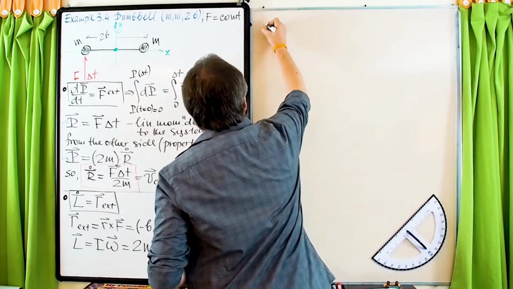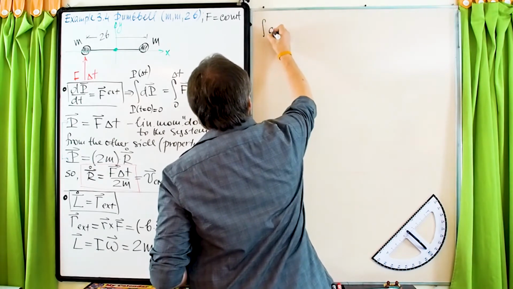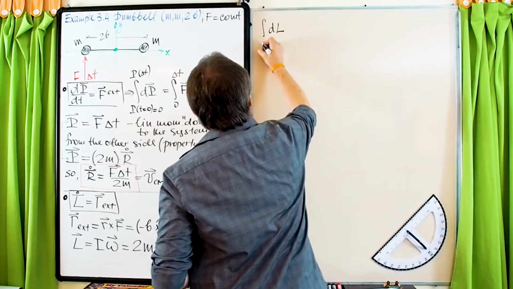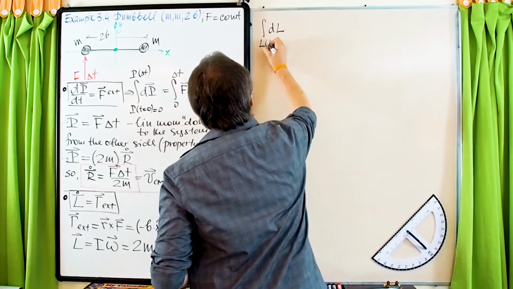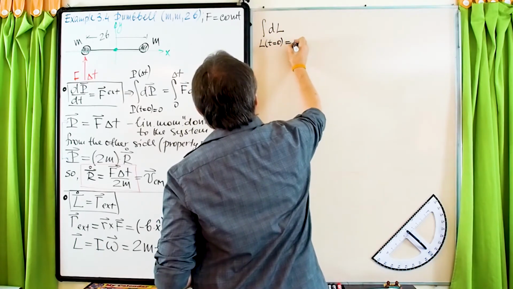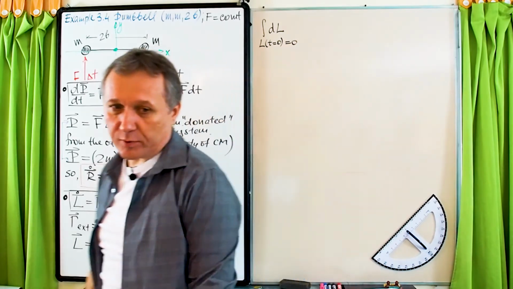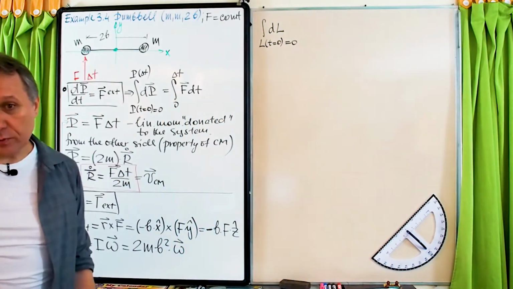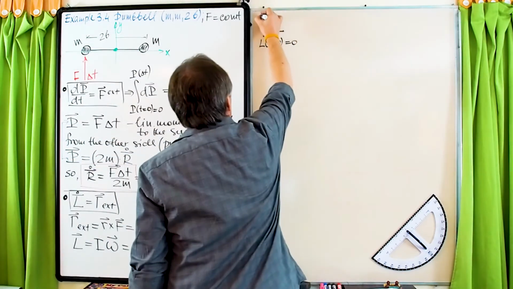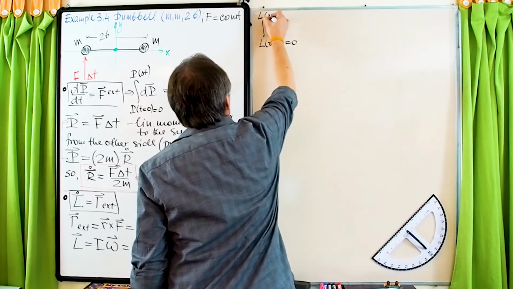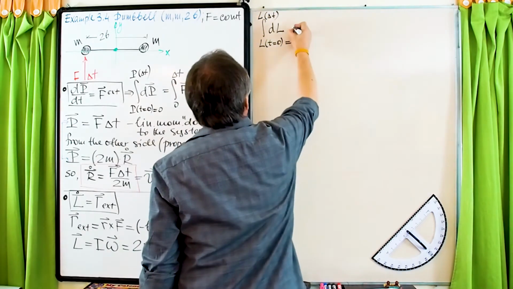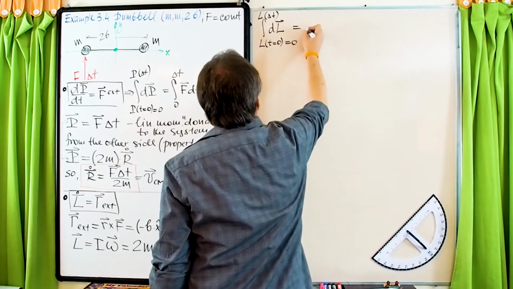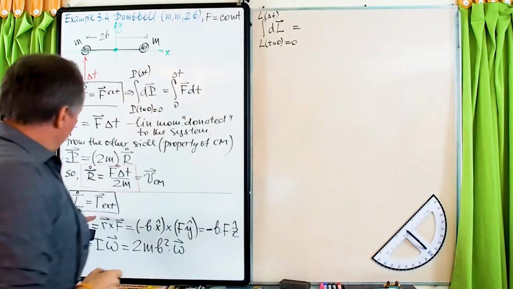So it will be the integral of dL from L at t equals 0, which is 0 because initially the system was at rest, so angular momentum was 0, to the angular momentum at the end of the impact. Again, it's a vector.